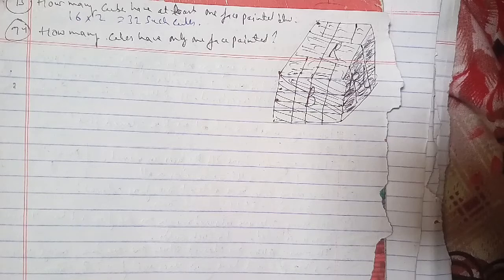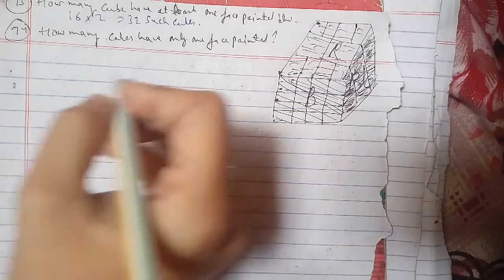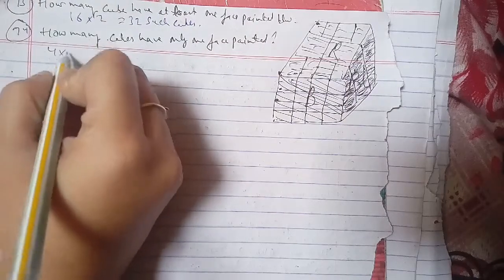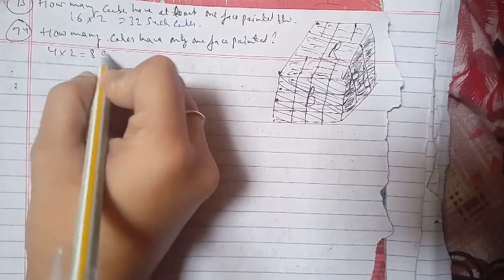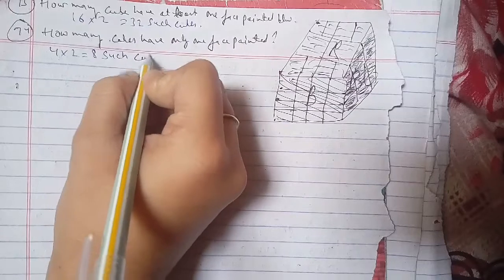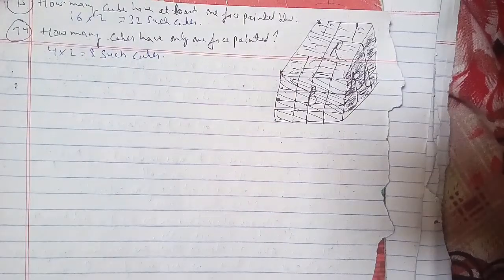The cubes having only one face painted are the four central cubes along each of the two surfaces painted blue. Thus we have 4 into 2, that is 8 such cubes. That will be the right answer for this question as well.